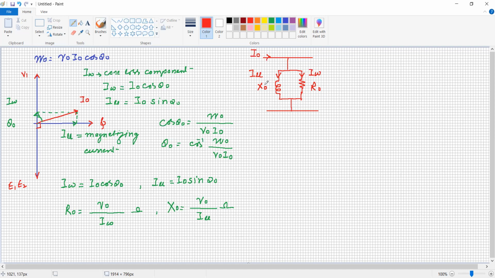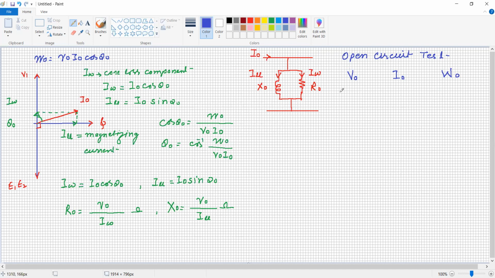So, at a glance, from the open circuit test, three parameters we measure on the LV side. One is the no load voltage V0, the current I0, and the power W0.